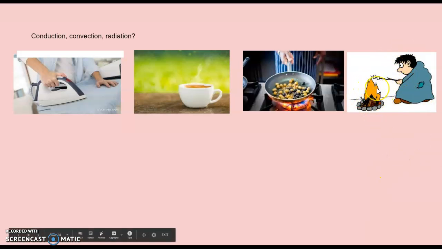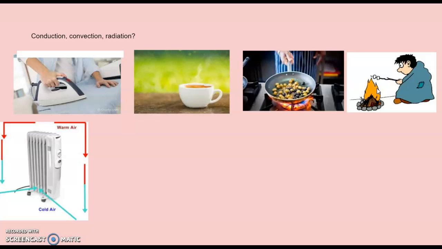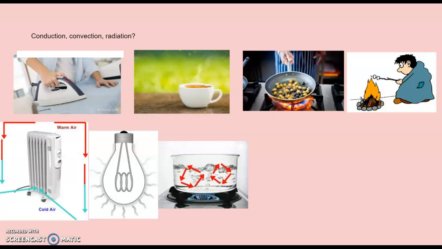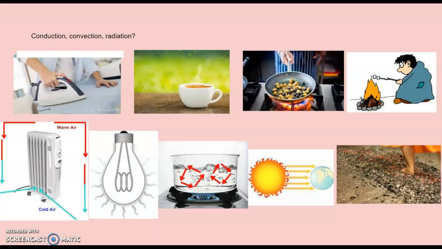This is through radiation. This is an example of convection. I have the warm air and cold air. This is going to be radiation, convection, radiation, conduction. So just a few examples of my three methods.